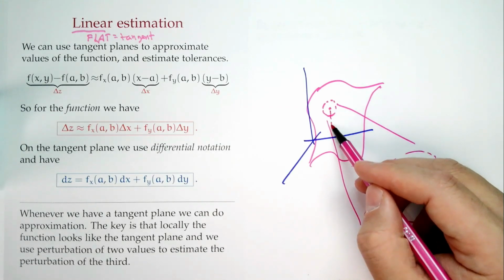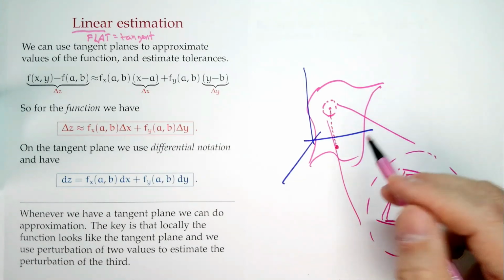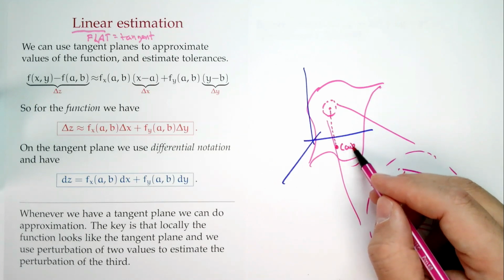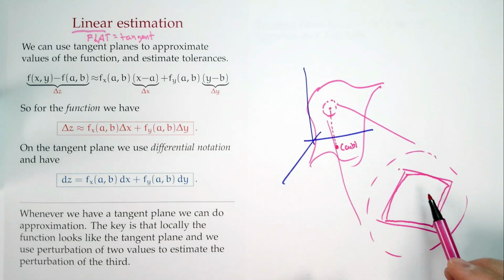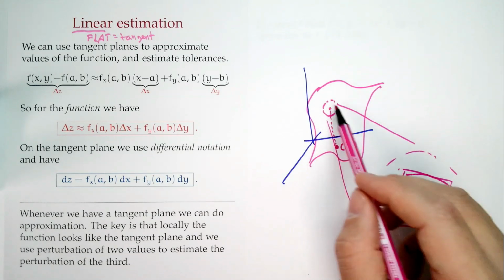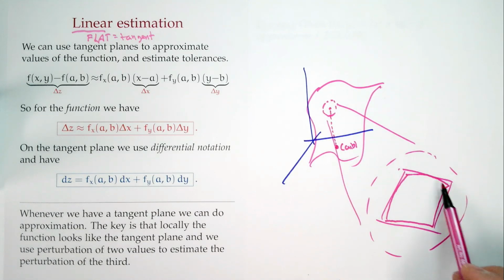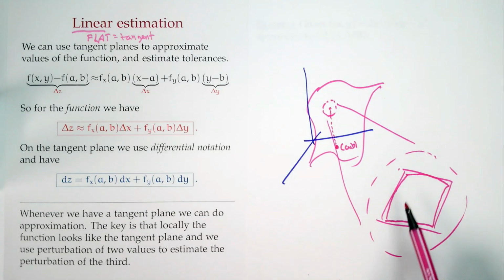So, by the way, in case you're wondering where does AB fit in the picture, AB is in your xy plane. It's where you're evaluating your function at. And so what it says here is if I'm nearby, my surface is being well approximated by my tangent plane.